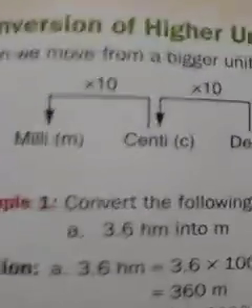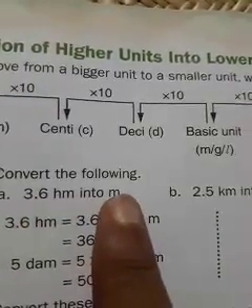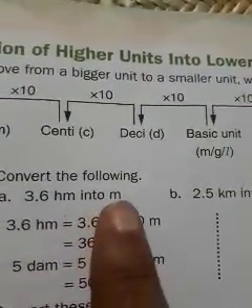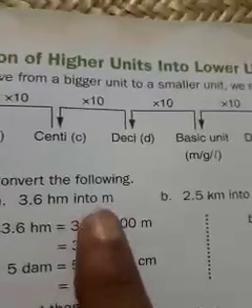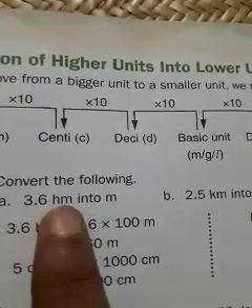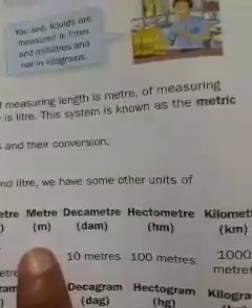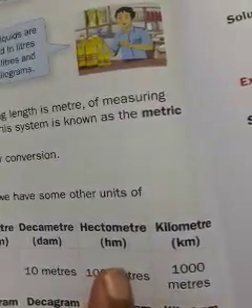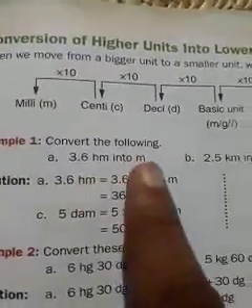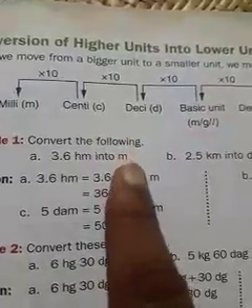Like here the given example: convert 3.6 hectameter into meter. So here meter is a smaller unit, and hectameter is a bigger unit. So you have to convert hectameter into meter, a bigger unit into a smaller unit.